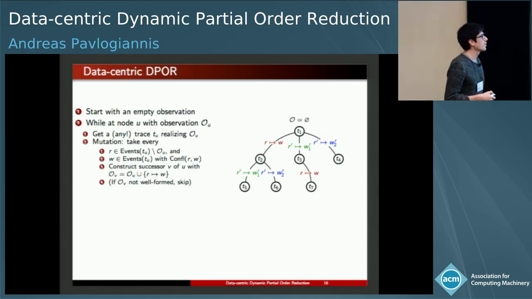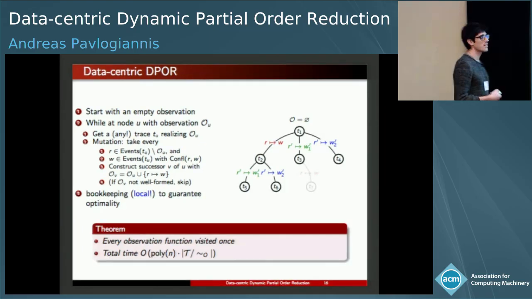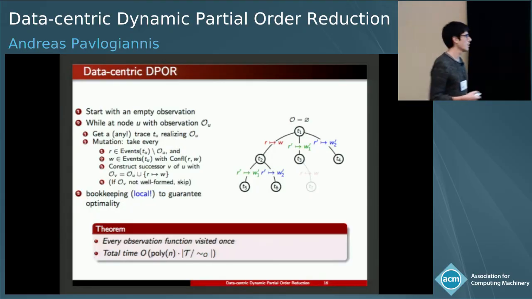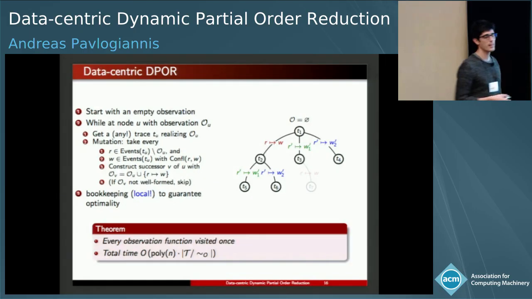For example, here, notice that T5 and T7 are witnesses of the same observation function. They have both acquired the red and the green observation constraint, just in different order. It turns out that you can get rid of this behavior by doing some very local bookkeeping, which doesn't really affect either the space you use or the running time.